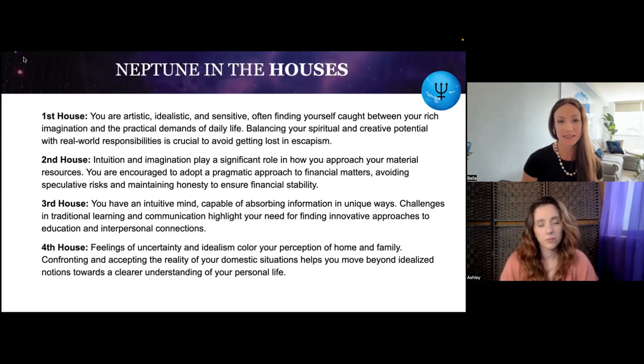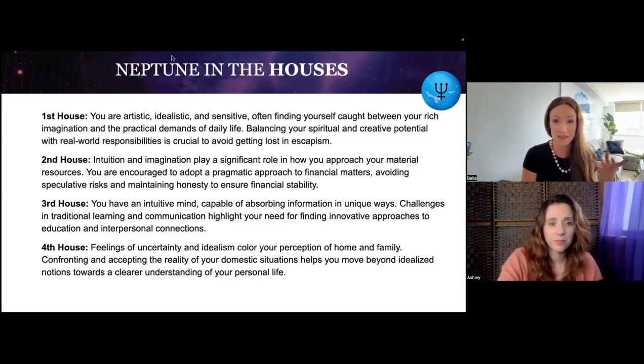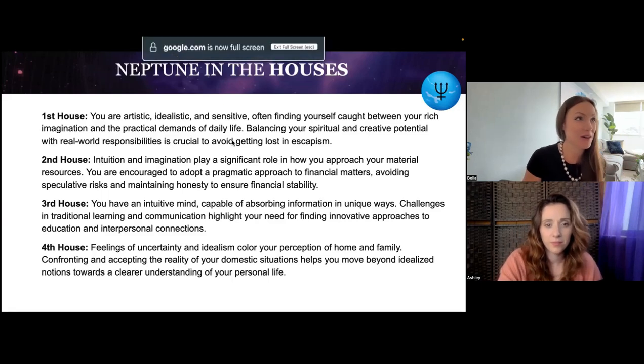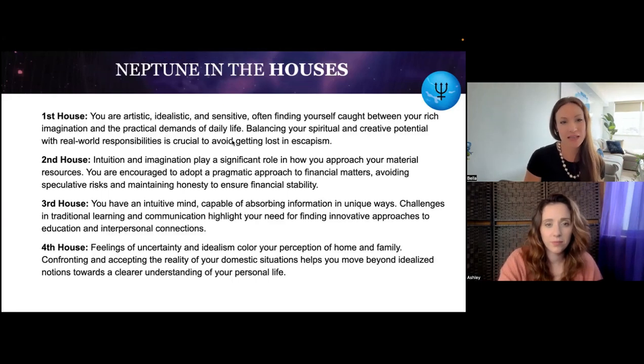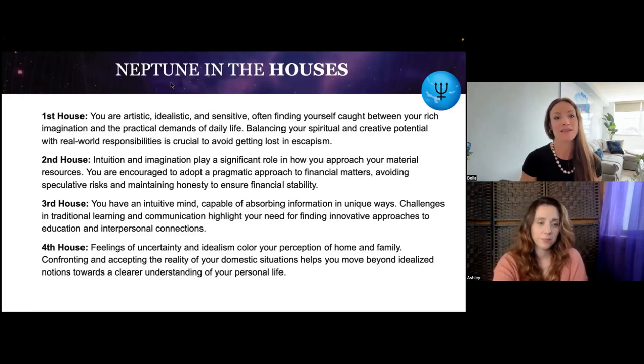And then you have a planet in there that's very intangible. So there could be intuition about investing, intuition about how to make money. At the same time, because they are quite different, it's a warning, or at least an encouragement, to be tangible in this house because it has to do with foundational stability and financial stability.